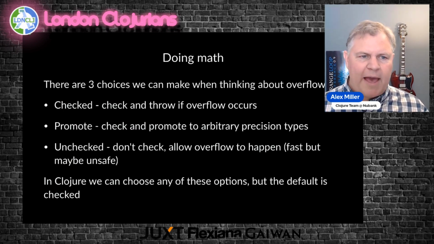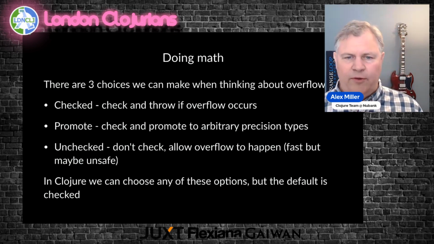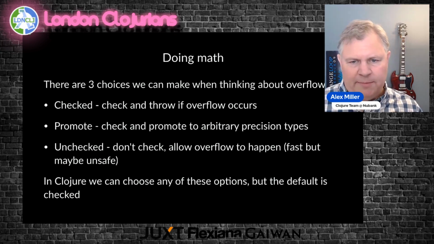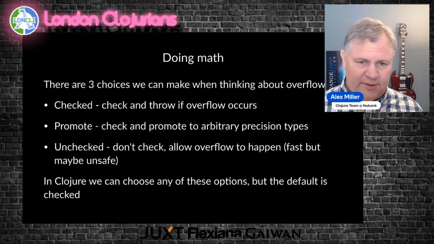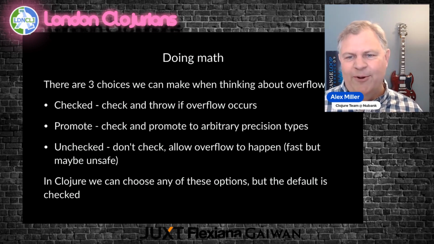All right, so math. When we do math, we have to think about the possibility of overflow for fixed precision types. Fixed precision types only have so many bits to represent numbers, which means that there are some numbers you can't represent, and you need to do something if you encounter one of those. So the three big choices here: you can check, is it going to overflow?